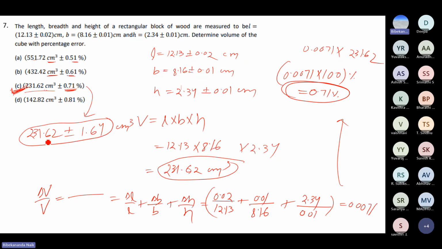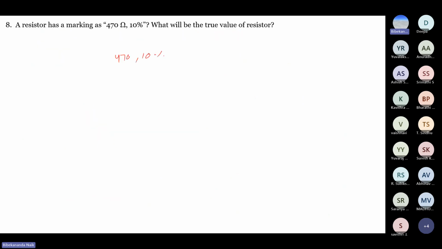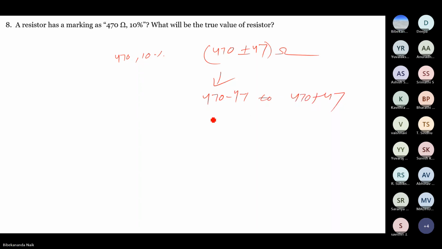So it will be 231.62 plus minus 1.64. Since it's 10%, we can write 470 plus minus 47 ohm. Then the resistance will vary from 470 minus 47 to 470 plus 47.